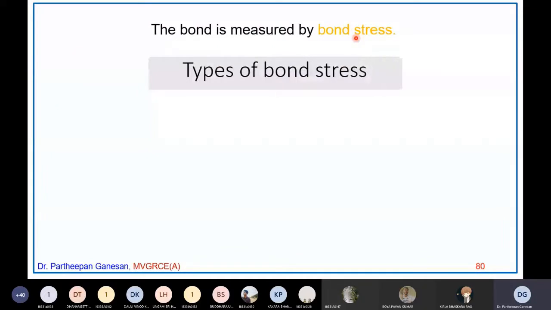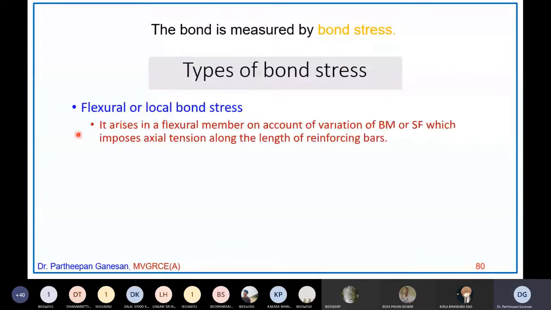Now there are two types of bond stress. One is flexural bond stress or local bond stress. It arises in a flexural member, meaning beams, on account of variation of bending moment or shear force, which imposes axial tension along the length of the reinforcing bars.